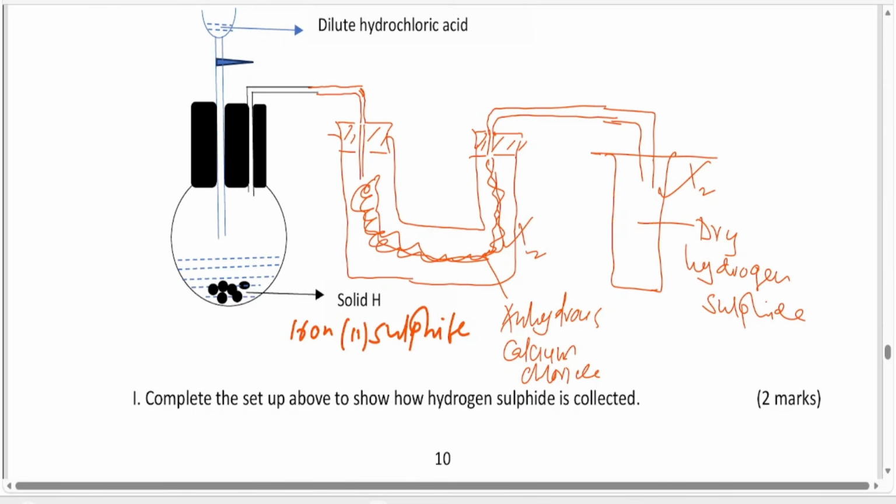So we have a mark for the drying agent, a mark for the method of gas collection, and then workability. We have one whole mark, totaling to 2 marks.